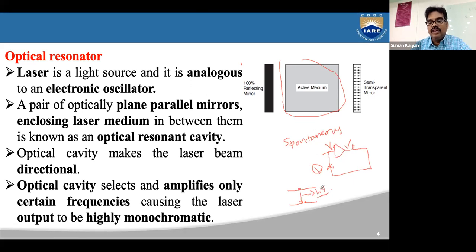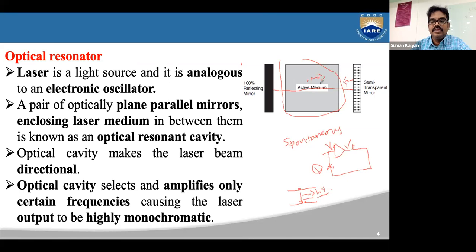But whatever photons are parallel to the optical axis between these two mirrors will be reflected back and forth.